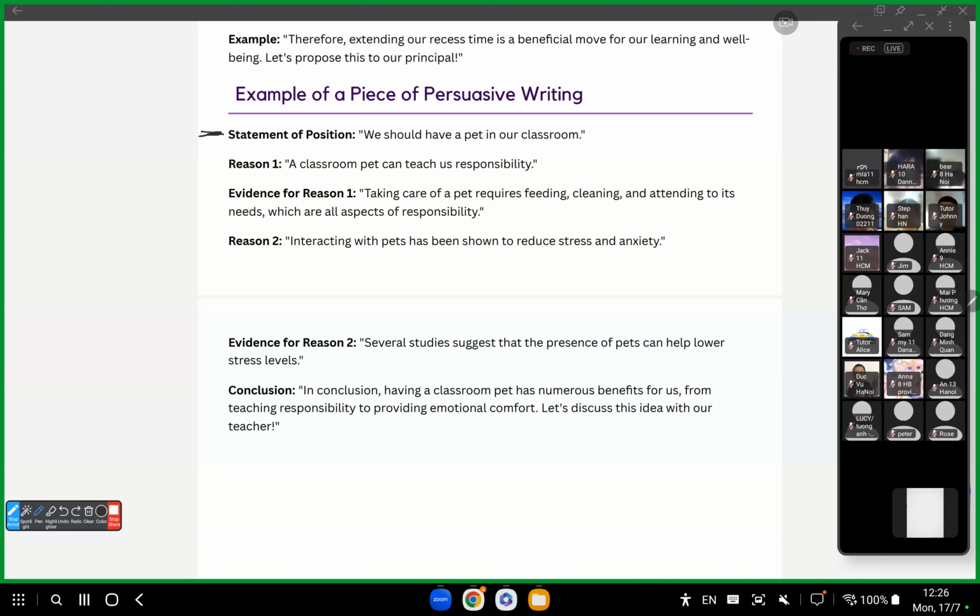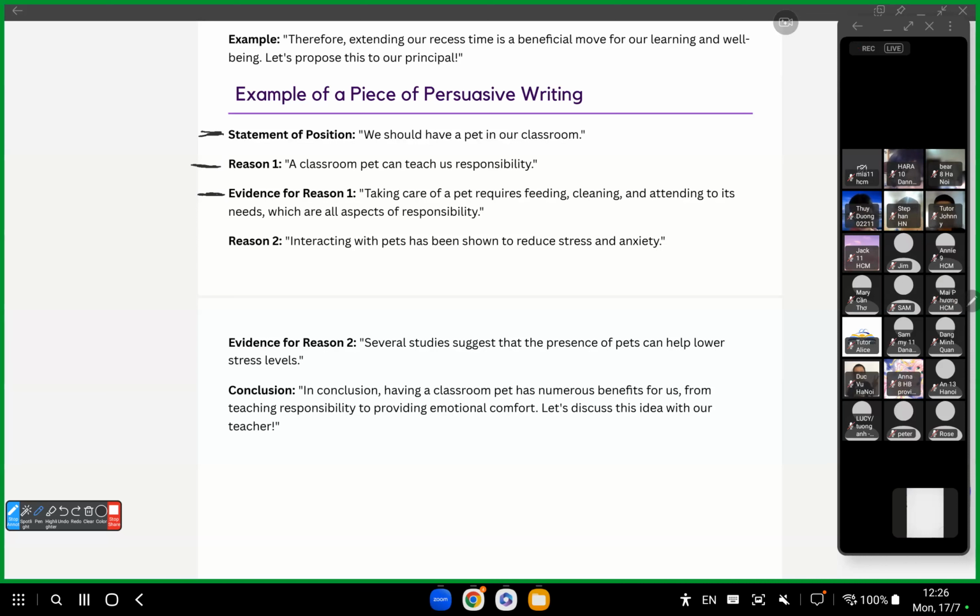Next up, we have our first reason. So a classroom pet can teach us responsibility. So now we're telling the audience why our idea is a good idea. And then we go on to provide evidence.